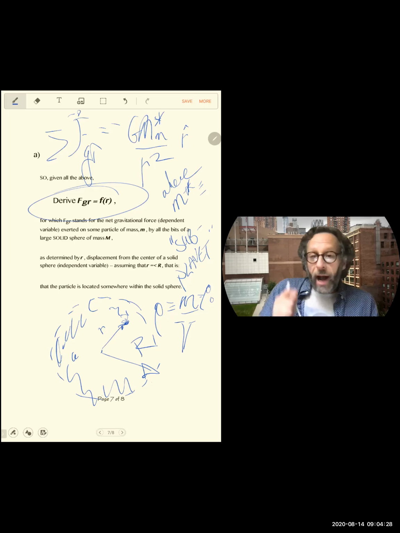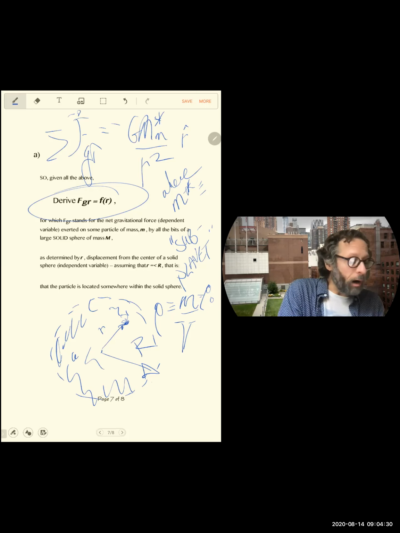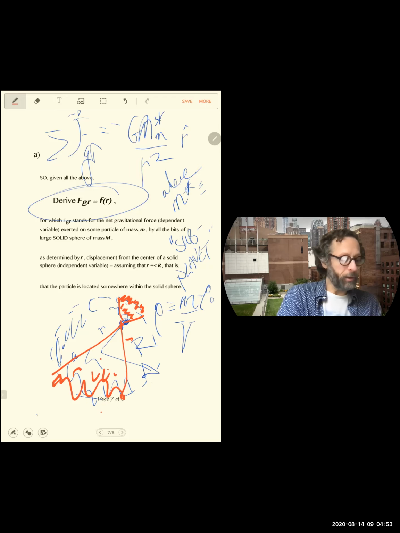The idea is that gravity is pulling on us from every direction at this point. All this mass here is pulling on us from there, and all the mass over here is pulling on us in the opposite direction.